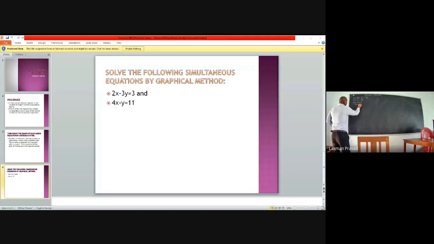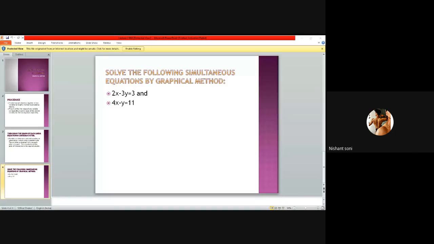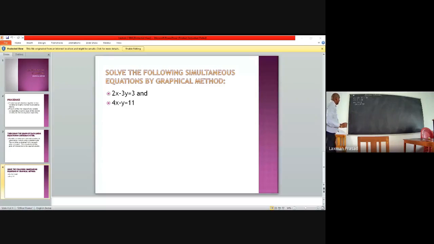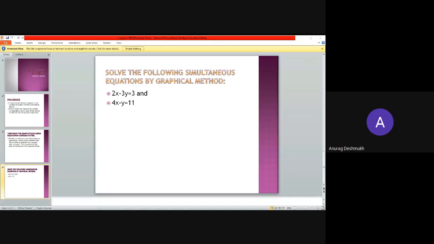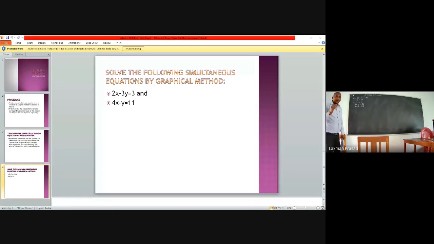2x equals, इसको राइट हैंड साइड में देख रहे हैं, sign change हो जाएगा, ठीक है? तो 3 plus 3y. Then 2x minus 3 equals 3y.